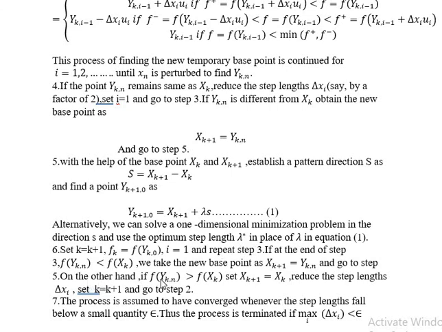On the other hand, if f of y(k,n) is greater than f of xk, set xk plus 1 equal to xk. Reduce the step length delta xi. Set k equal to k plus 1 and then go to step 2. The process is assumed to have converged whenever the step length falls below a small quantity epsilon. Thus, the process is terminated if maximum delta xi is less than epsilon.